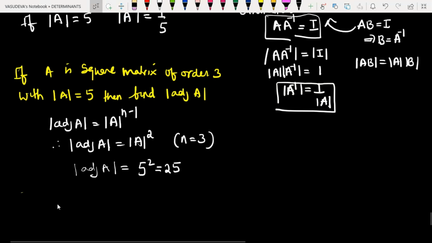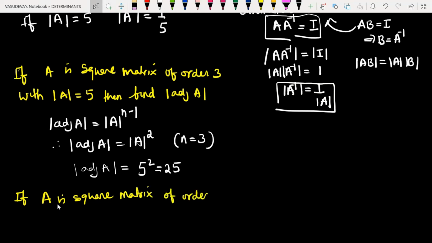Now take this problem. If A is a square matrix of order 3 with determinant of A equal to 8, then find determinant of A into A dash.